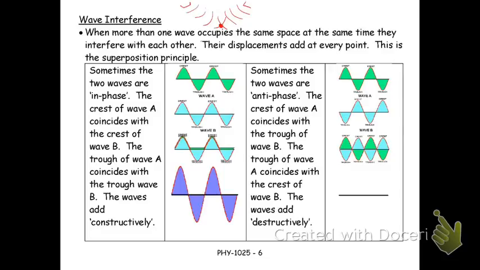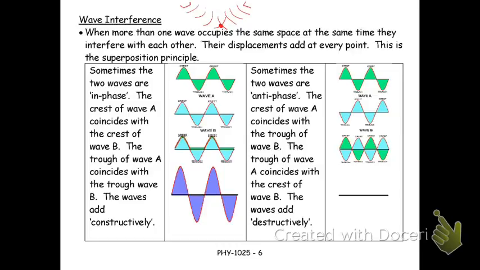the way I've drawn it, a compression from one speaker arrives with a compression from the other speaker. They add together, so I get a really big compression, a lot of pressure. And then in the rarefaction time, the low pressure time, it's a low pressure with a low pressure, so I get a really low pressure.